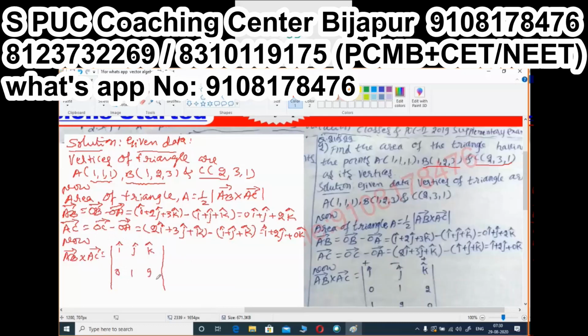So what about that third row, you use AC vector and write its coefficient. Here that is 1 1 2 0, 2, next is 0. Okay, fine. Next you expand along the first row, that is plus minus plus.